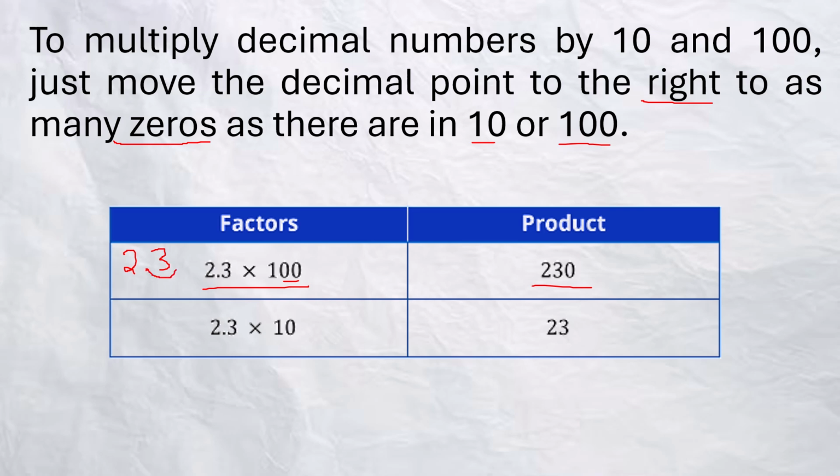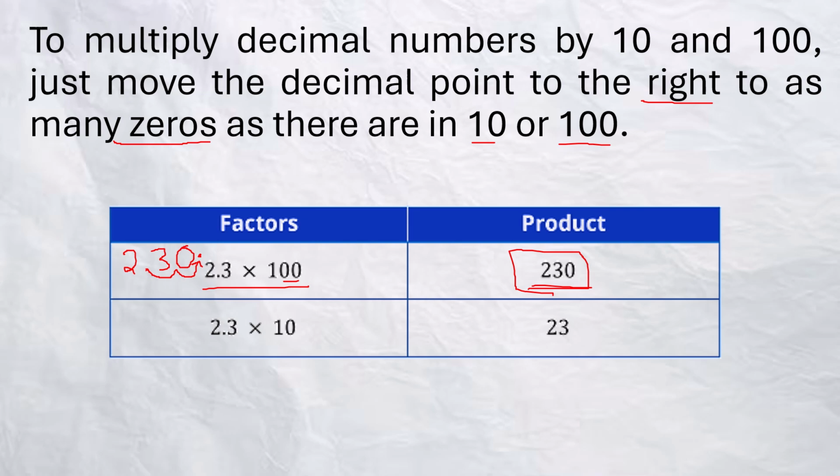So 1, 2. And then we put here our decimal point. Notice that we have here an empty space. For every empty space that we have, if we are moving a decimal point, we simply put 0. So 2.3 times 100 is 230. We don't have to put our decimal point at the end since we're talking about whole numbers.